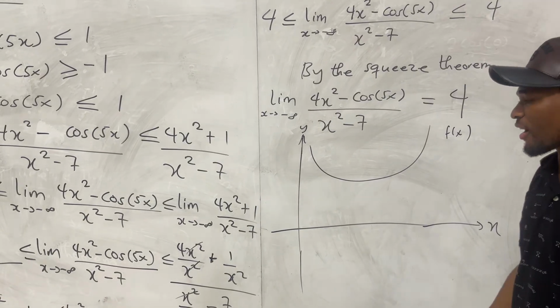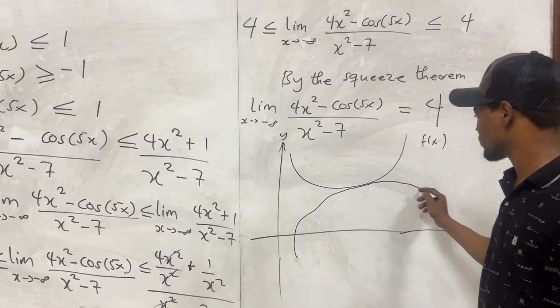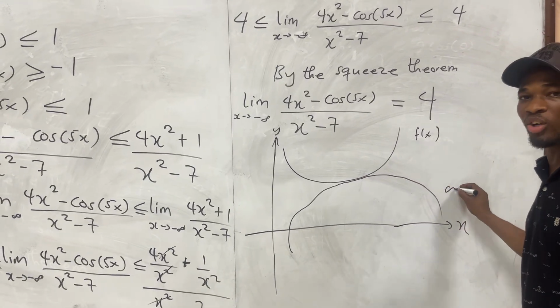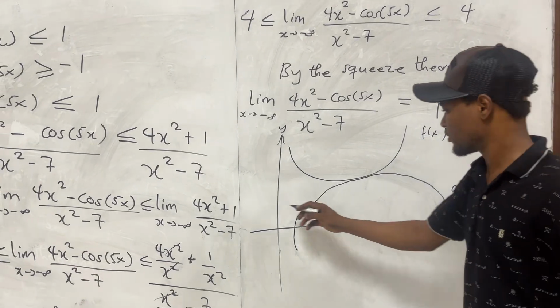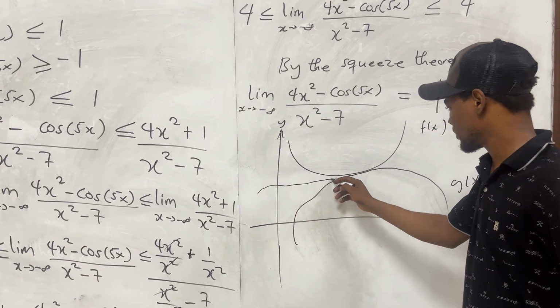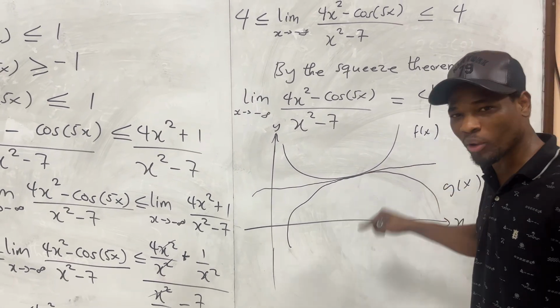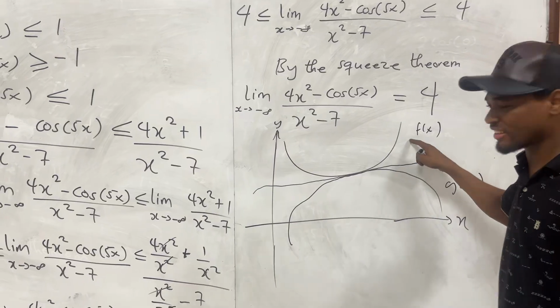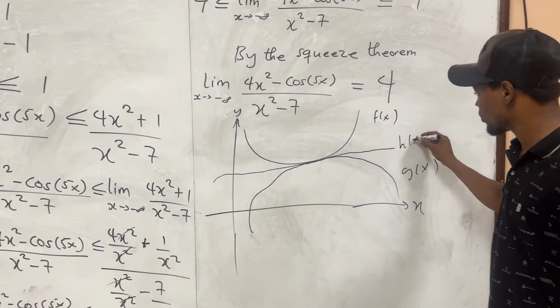Then you have another function, called g of x, and a third function somewhere here, sandwiched between f of x and g of x. Let's call it h of x.